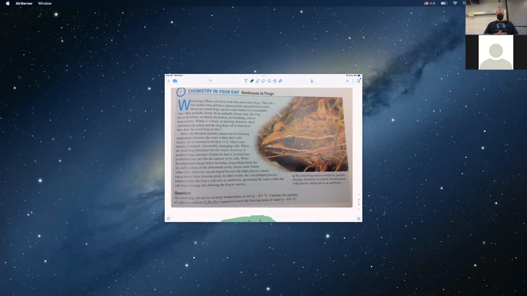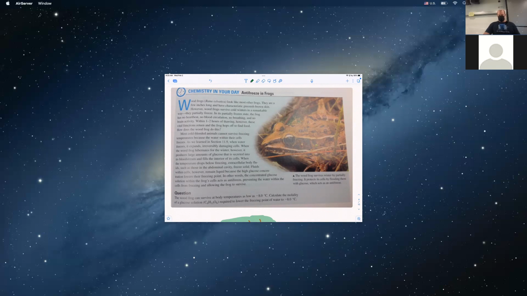So some bears hibernate, but other animals have different adaptations. So frogs, for instance, are also cold-blooded creatures. We're warm-blooded. We always keep our body temperature at a certain level. But other creatures, predominantly lizards and some amphibians, are cold-blooded, which means they don't regulate their body temperatures like we do.